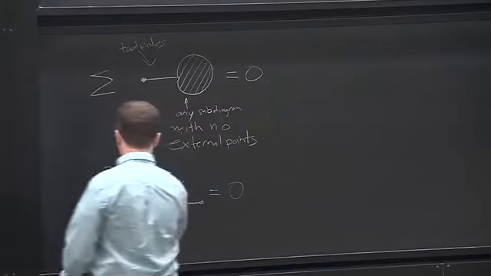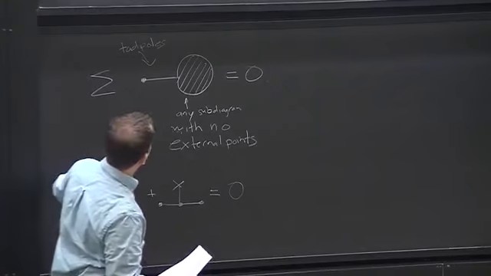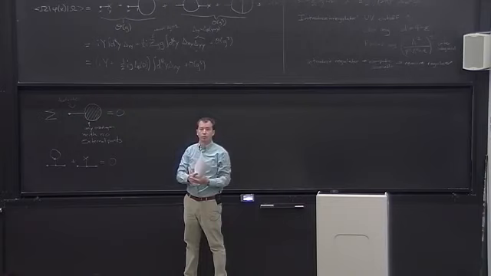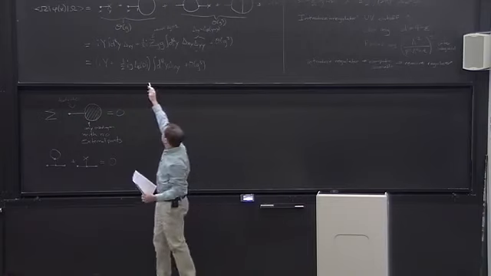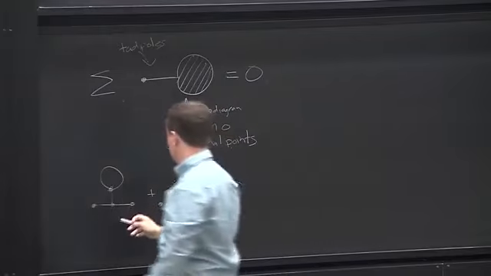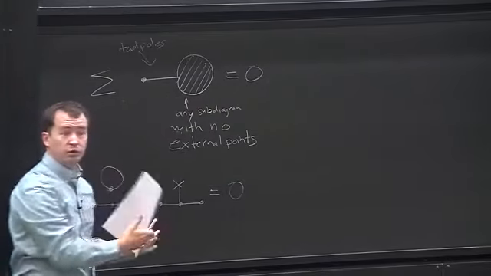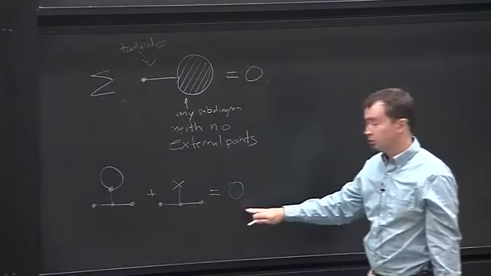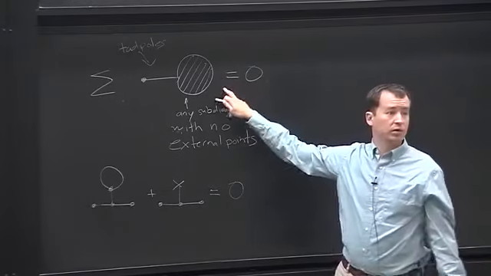Because basically, what was going on at y up there didn't talk to the rest of the diagram. Basically, whatever we just factorized out, whatever was happening at y. And the same thing will happen here. So this part of the diagram down here won't have any influence of here, and we'll get the same sort of factorization. And so these diagrams will vanish if we add them together after we've imposed this condition.